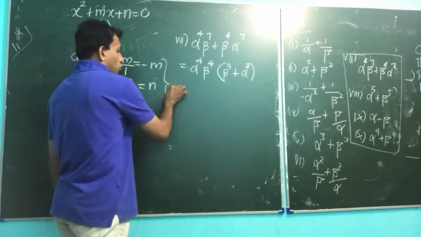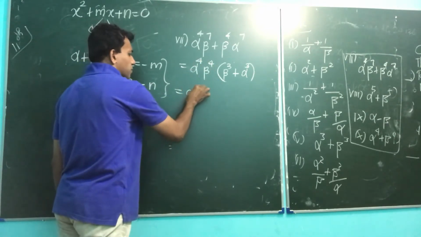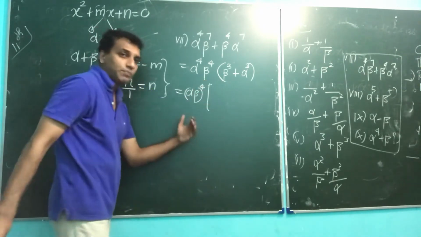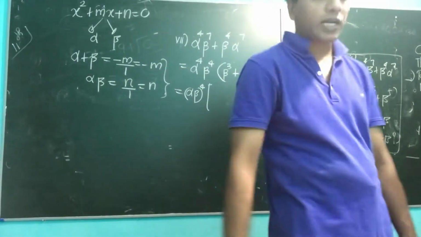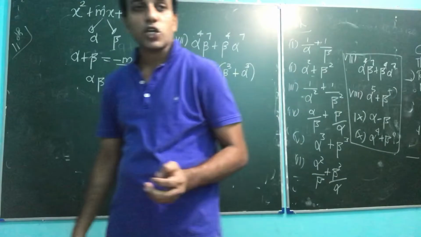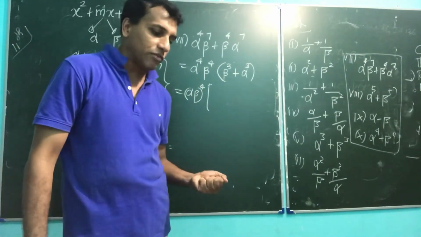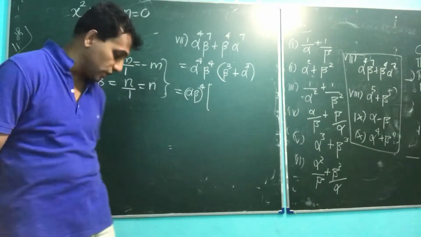So I can say alpha beta power 4 times alpha cube plus beta cube. Don't copy the previous answers; use the first principle method. Factorization: a cube plus b cube is a plus b, one factor, times a square minus ab plus b square.